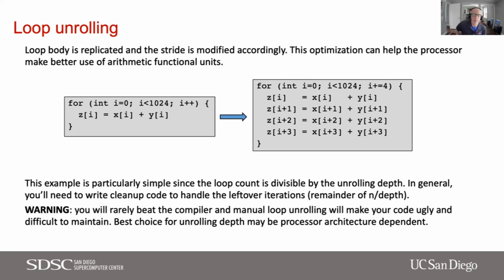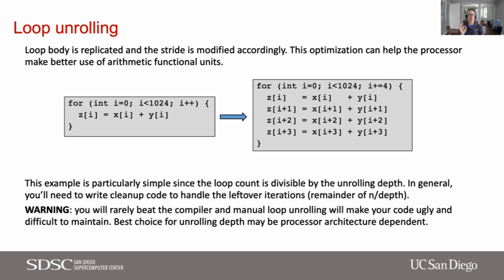But I will warn you that this is an optimization that you probably don't want to try yourself. Optimizing compilers are really, really good at loop unrolling. And if you manually unroll your loop, it's going to make your code a little bit uglier, a little more difficult to maintain. And you can see that I'm going to need to explicitly write some cleanup code, in this case if my number of iterations was not divisible by 4.